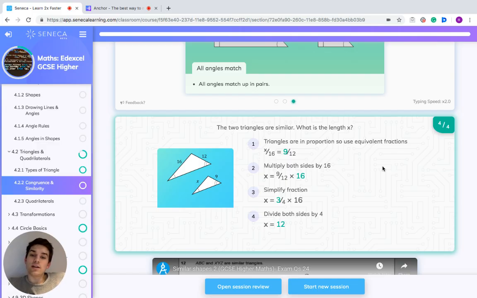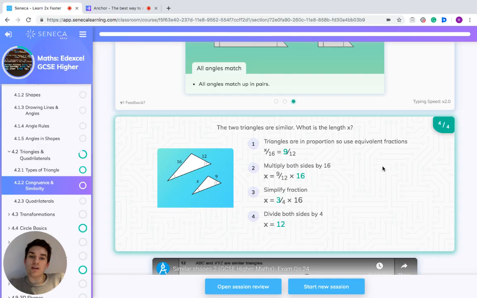We know that if we take x divided by 16, so that's the larger triangle divided by the same length of the smaller triangle, and we take 9 divided by 12, then we can say that those 2 are equal. We know that because they've both been multiplied by the same amount, because they are similar triangles.